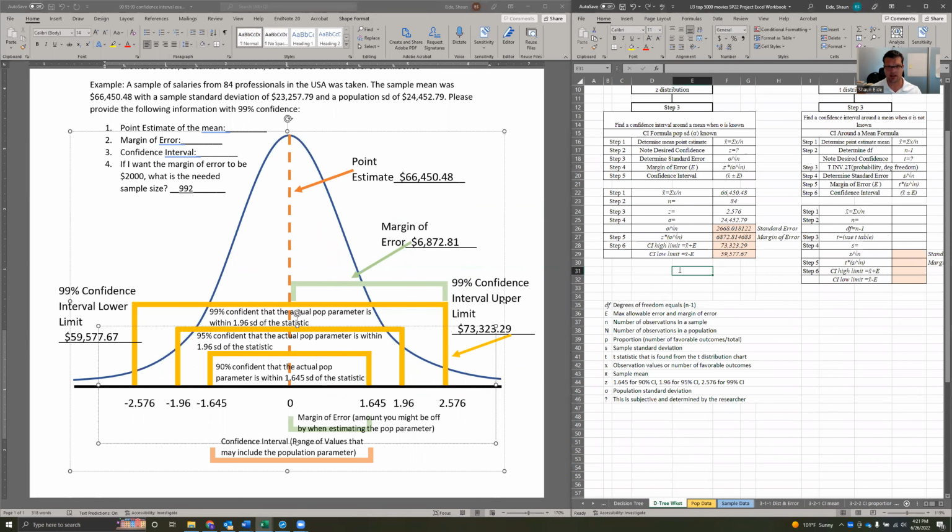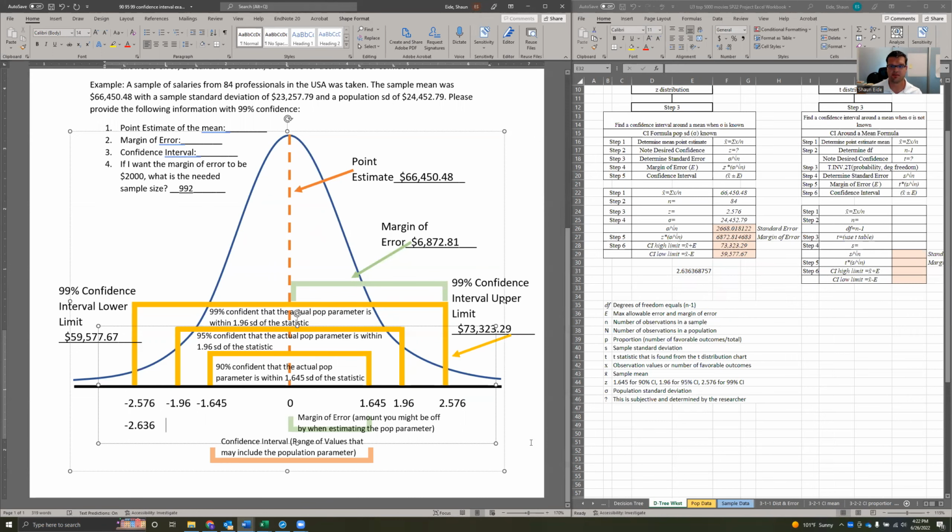So equals T.INV.2T, and we're going to do 0.01, and the degrees of freedom is going to be 84 minus 1, so that's going to be 83. And so this is going to be negative 2.636.